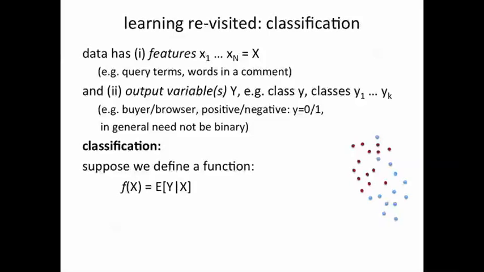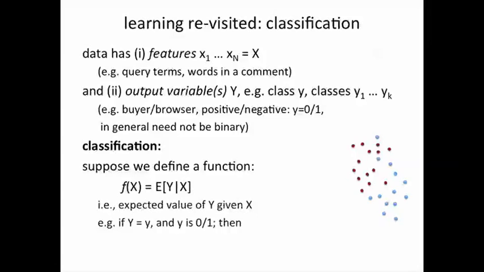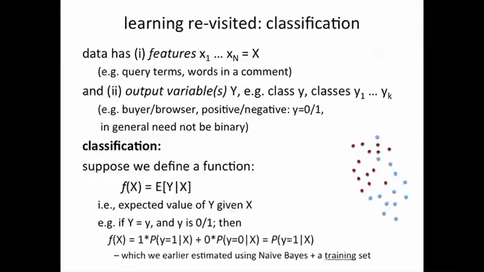So what we're trying to do is figure out what is the expected value of y. Is it a 0 or a 1? Is it closer to 0 or closer to 1 given a particular combination x? Well, the expected value is nothing but, and clearly y is 0 or 1, then the expected value is 1 times the probability of y equal to 1 given x plus 0 times the probability that y equal to 0 given x.